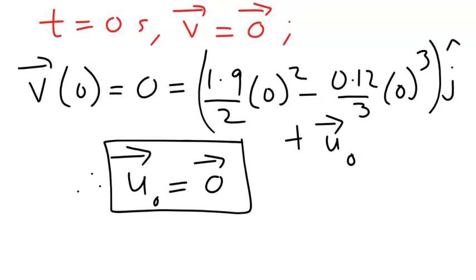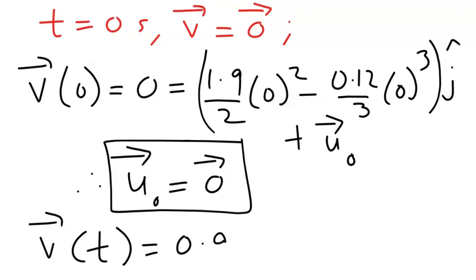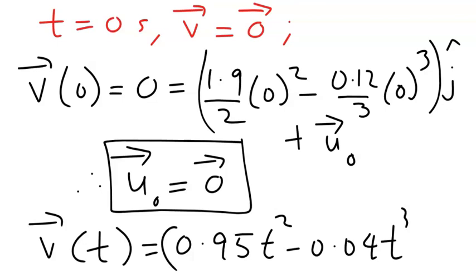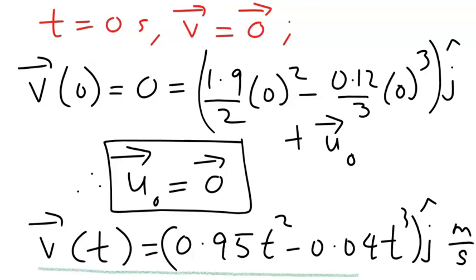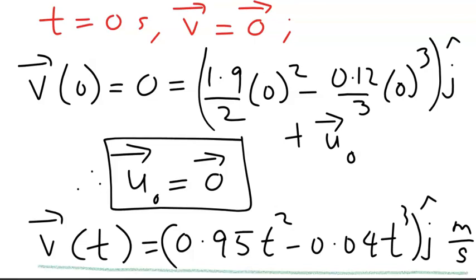So the general expression for instantaneous velocity for this object is quite simply 0.95 t squared minus 0.04 t cubed j hat in the unit of meter per second. So this is the velocity of the object as a function of time.